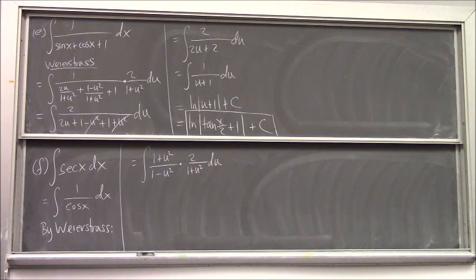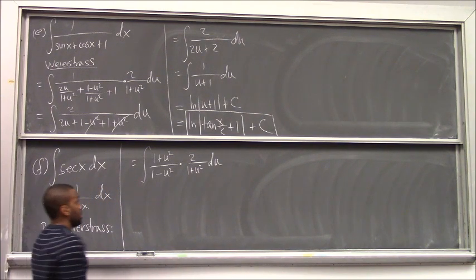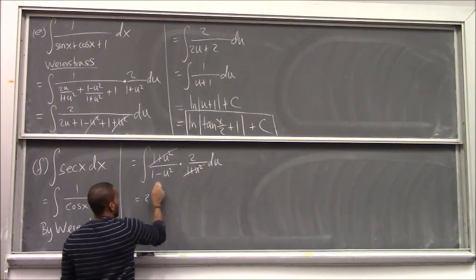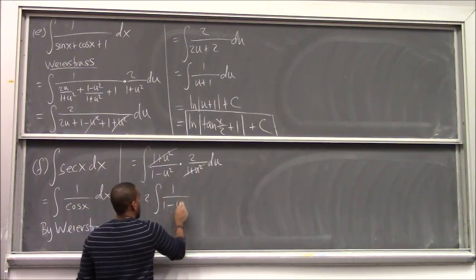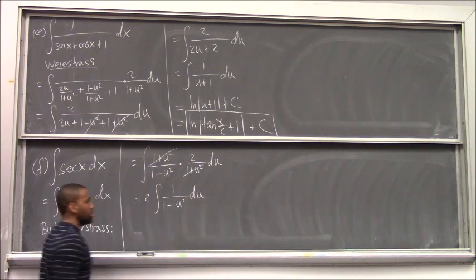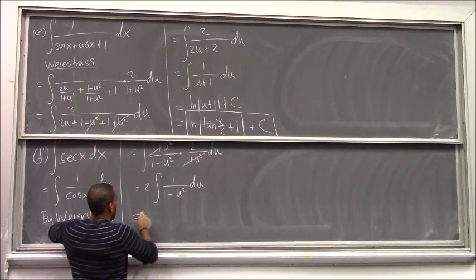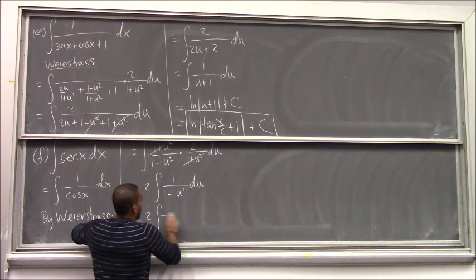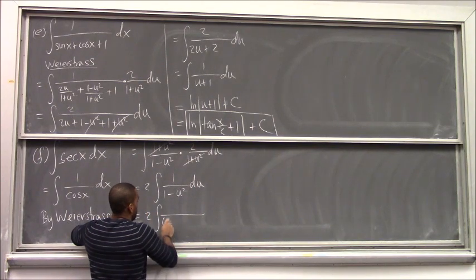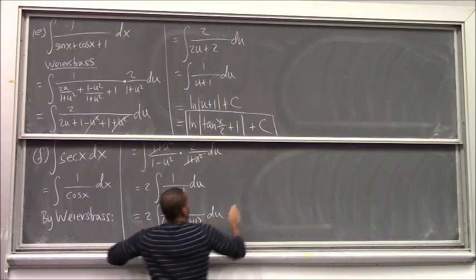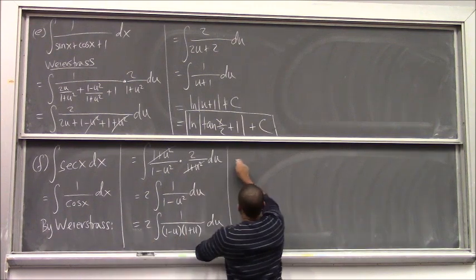So we have that. This cancels out. Okay, how do we deal with that then? Partial fractions. So I'm going to think of this as 1 minus u squared as 1 minus u times 1 plus u. And how do we find the partials here?